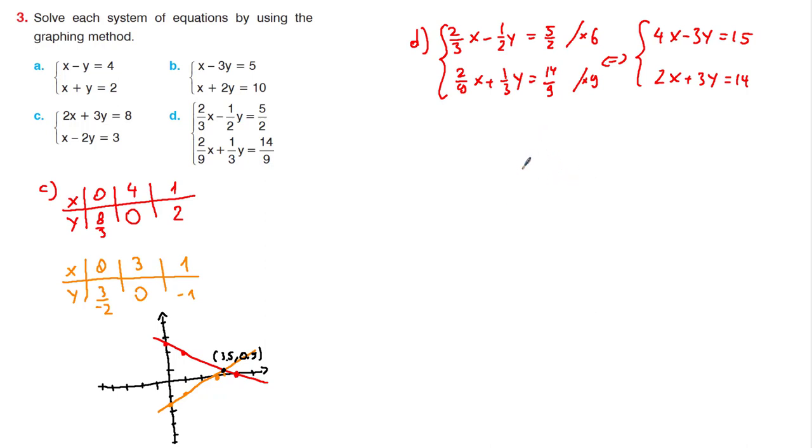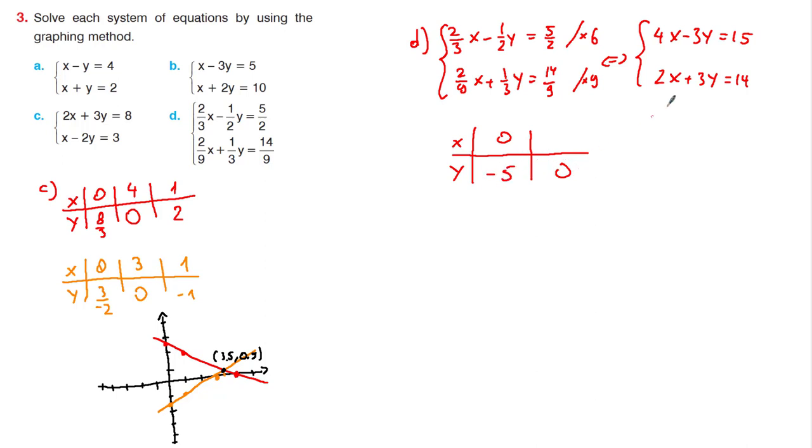So we can take some points here. Let's take only 2 points, if x is 0 and if y is 0. On the first equation, if x is 0, y is negative 5.